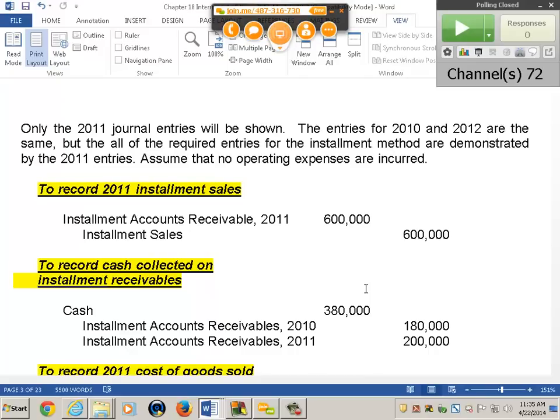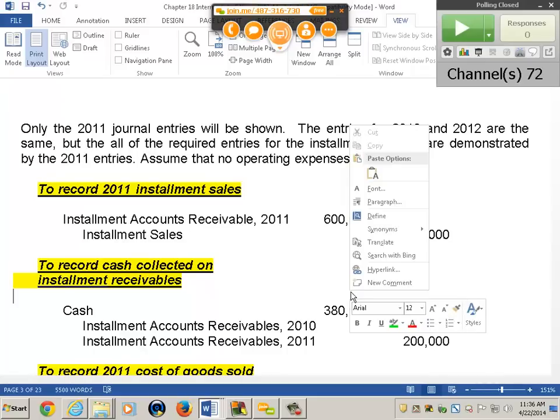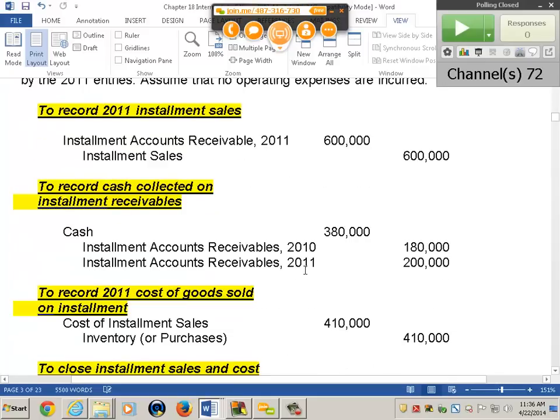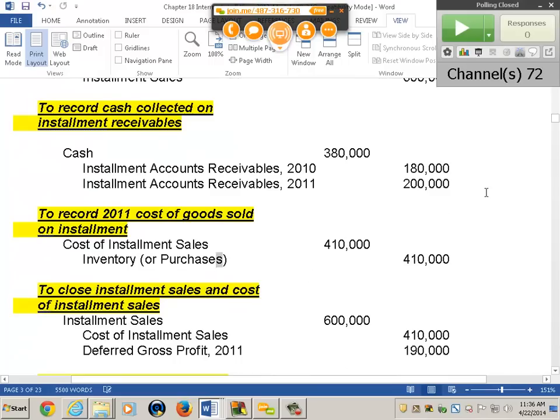So you have a debit to cash at $380,000, a credit to installment receivables of $210,000 for 2010 and $180,000 and $200,000 respectively for 2011. So notice you record sales like you did in accounting 1. Cost of goods sold, same thing you did in accounting 1. And collections, the same thing you did in accounting 1. So when you do your cost of goods sold, you debit COGS and credit inventory or purchases.